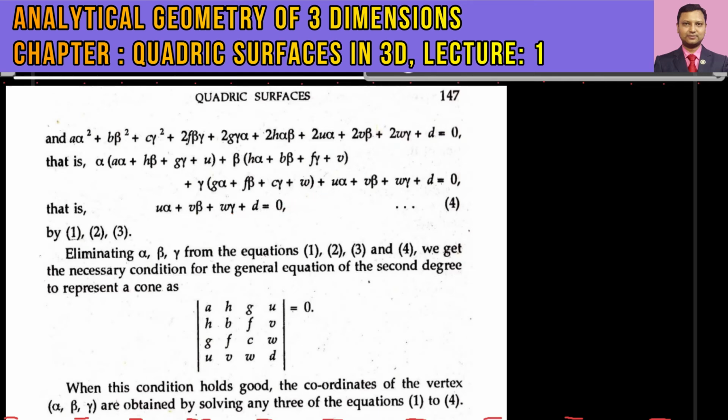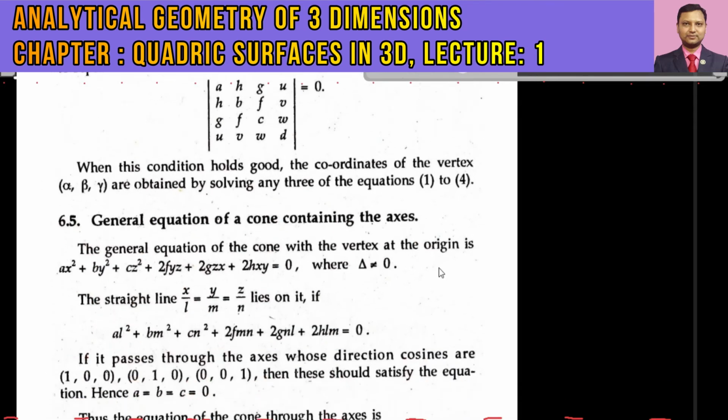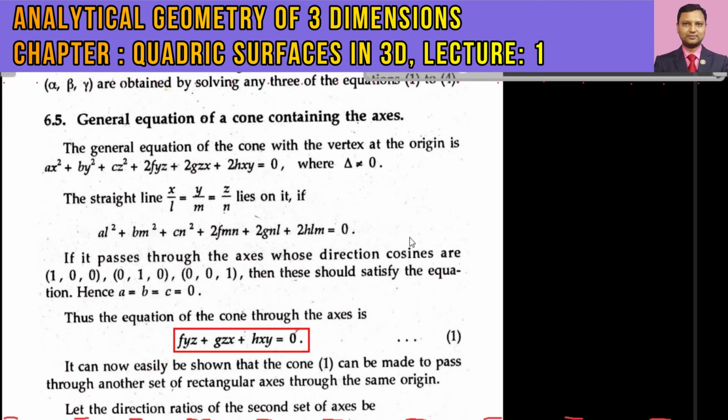Now let's try to discuss the general equation of a cone containing the axis. If the cone contains the axis, say this is one coordinate axis, this is another coordinate axis, and this is the third coordinate axis.